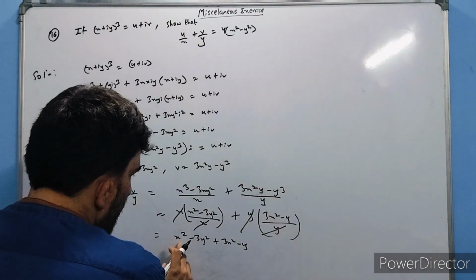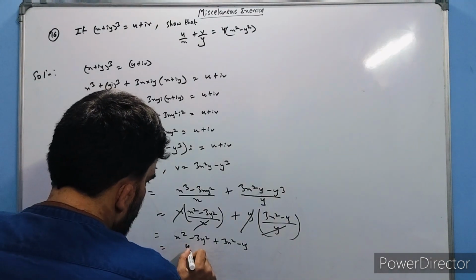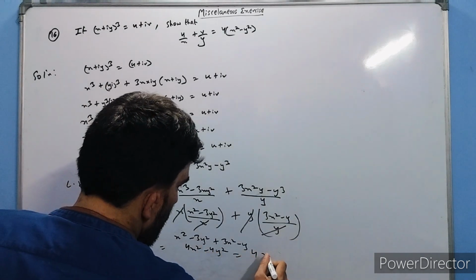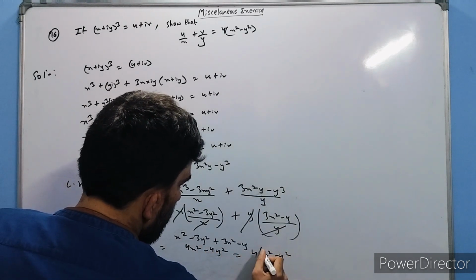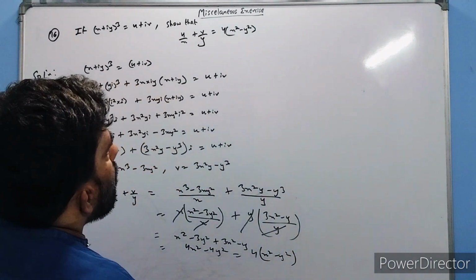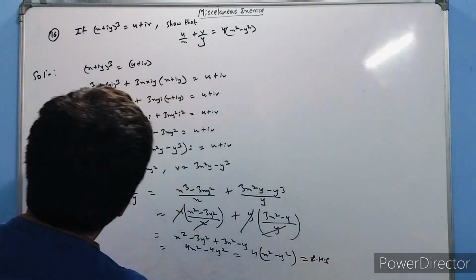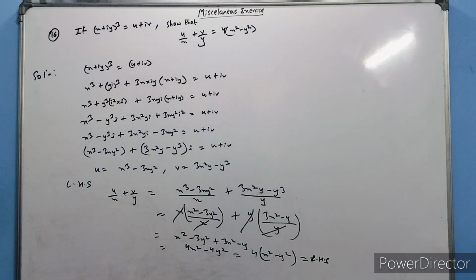So I have x² plus 4x² minus 4y². I can take 4 common, (x² minus y²). What I needed in that case. Okay, so that is how we try to solve this question.